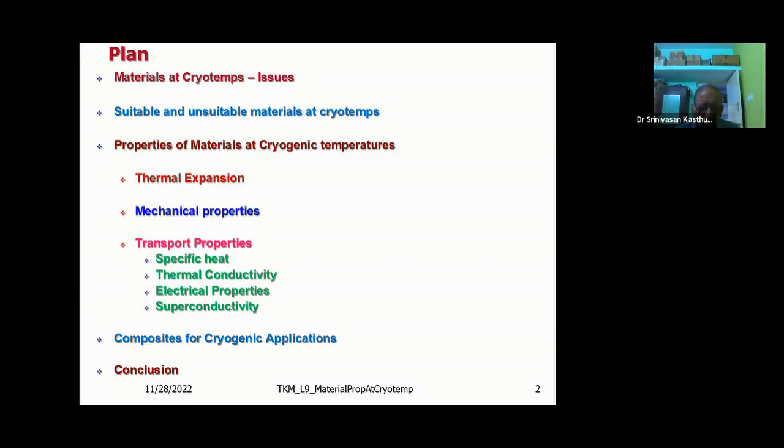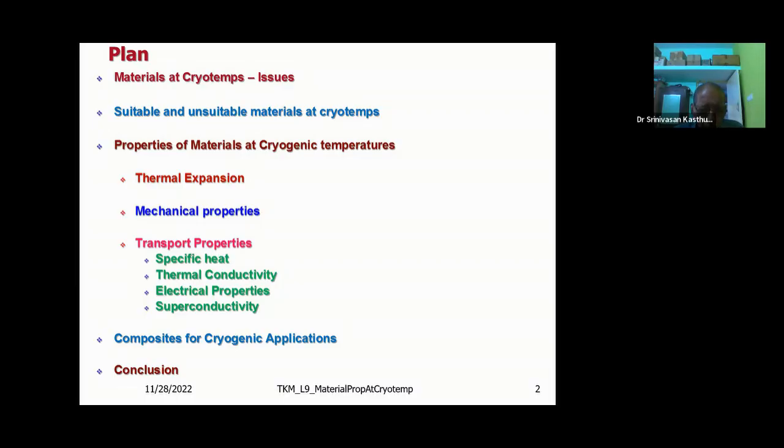A number of properties are there, for example, thermal expansion, and then mechanical properties like yield strength, fatigue strength, etc. Then transport properties, particularly relating to electrical and thermal transport, specific heat, thermal conductivity, then electrical properties.